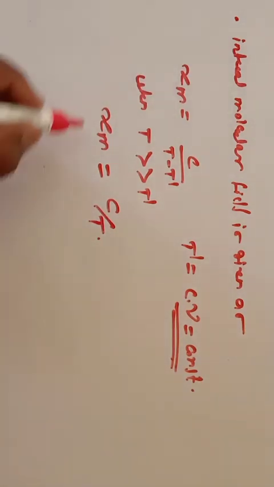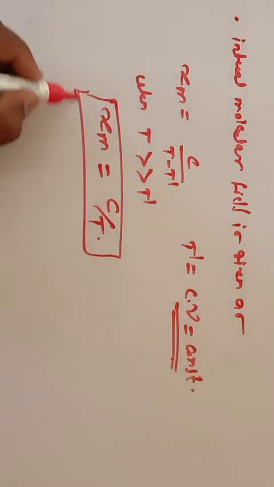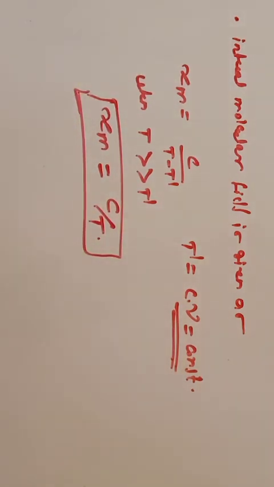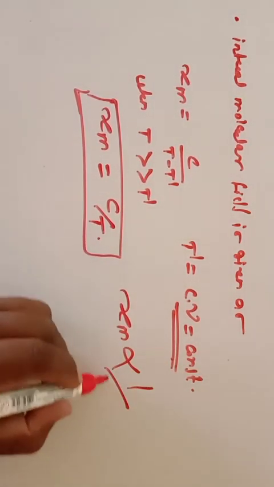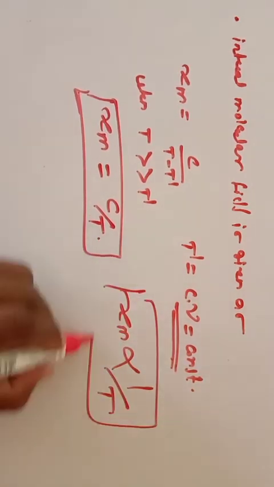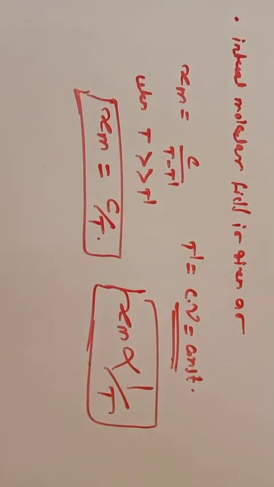What does this equation tell us? This is the relationship between magnetic susceptibility and temperature: the magnetic susceptibility is inversely proportional to the temperature. Many times this equation is asked in exams, to derive the relationship between magnetic susceptibility and temperature.